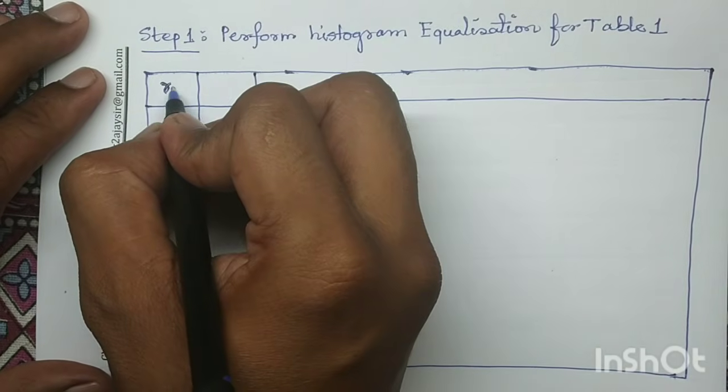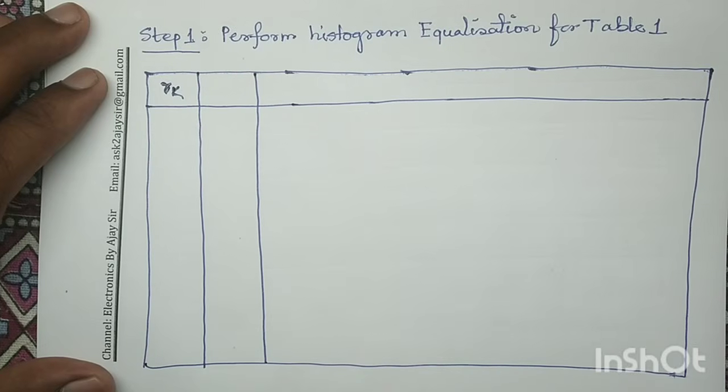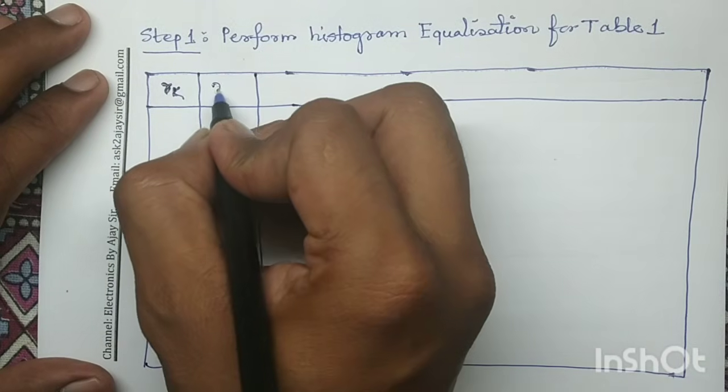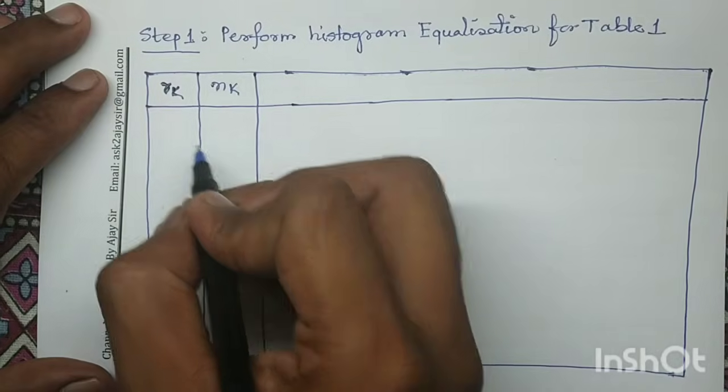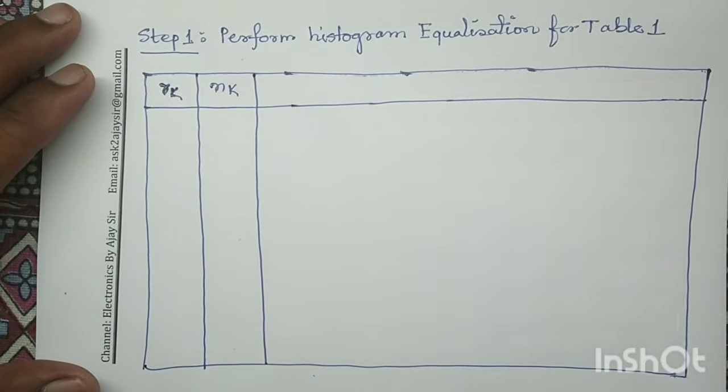First column is rk. rk is the input image gray level, and nk is its corresponding occurrence.